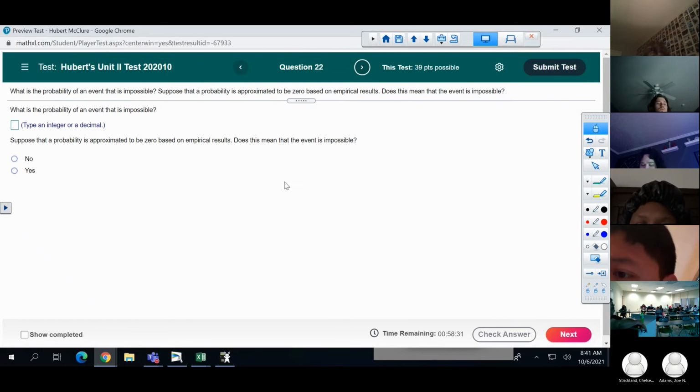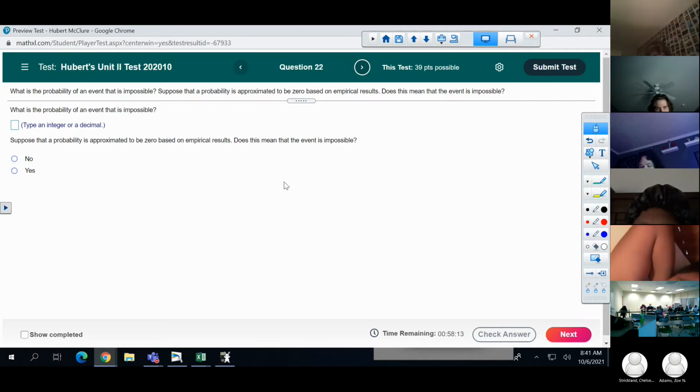What is the probability of an event that is impossible? Now, I do not like this question, but I like the second part of the question, the suppose that probability. I'm going to reword it the way it needs to sound. What is the probability of an event that is very unlikely? Suppose that a probability is approximated to be 0 with empirical results.